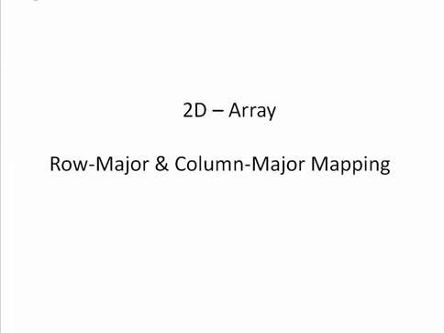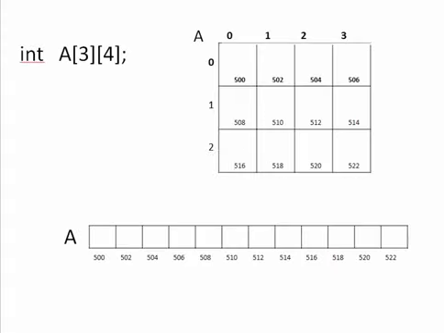Now let us go to two-dimensional arrays. In a two-dimensional array, there are two options. Either a compiler can follow the row major method or the column major method. So there are two types of mapping. Here I have declared an array of size 3 by 4. We draw an array like this with indices using pen and paper.